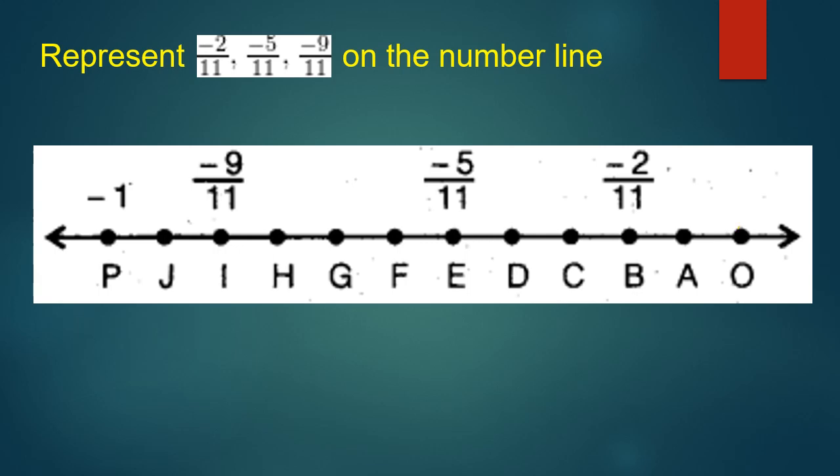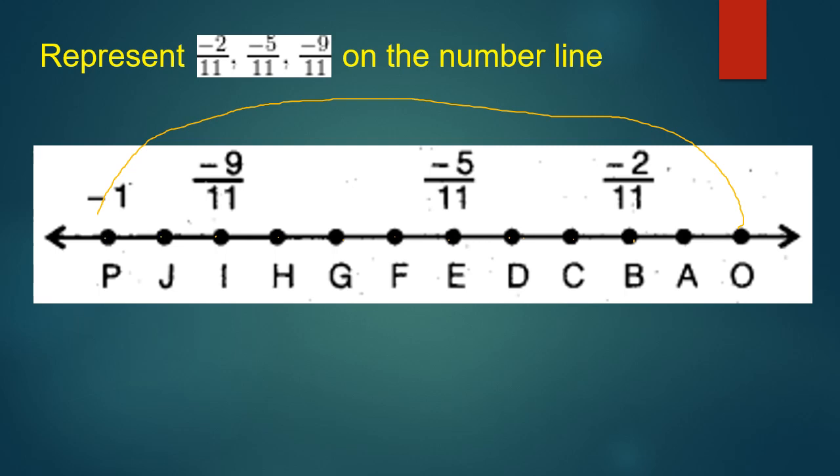Between 0 and minus 1, make 11 equal parts. That means divide the region between 0 and minus 1 into 11 equal parts. See, 1, 2, 3, 4, 5, 6, 7, 8, 9 and 10.